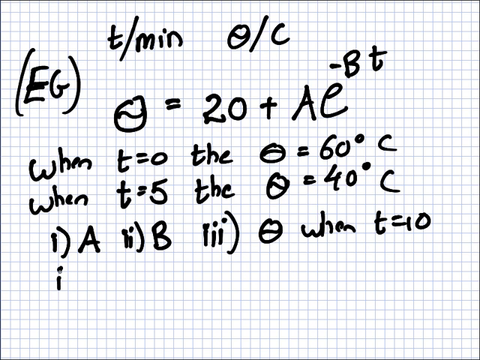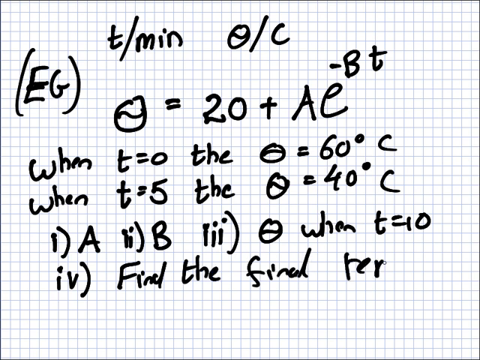And then the last question they might ask is to find the final temperature, meaning the temperature the cup of coffee would become if you were to leave it out for a very long time. So let's do this one together. I'll just let you write down the information first, and then we'll do the 4 parts.